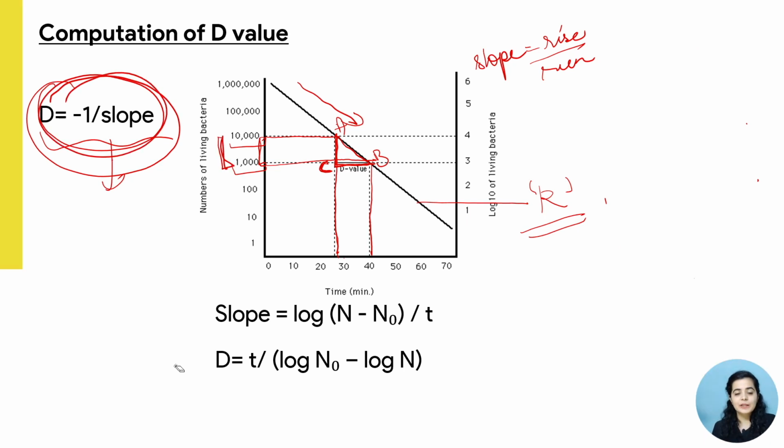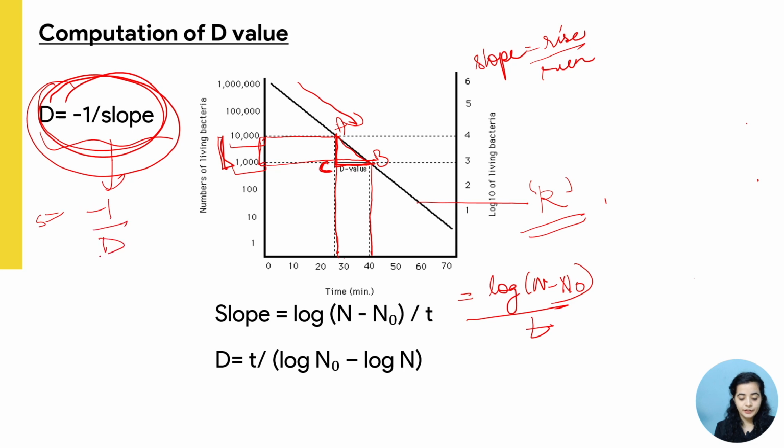Now let us get a mathematical equation for the same. We see here that slope is nothing but log N minus log N naught upon T, and slope is equal to minus 1 by D. To get rid of the negative sign, let us reverse the log sign.